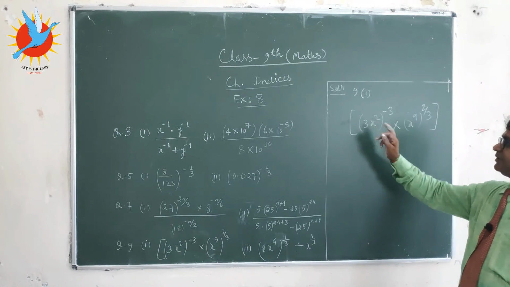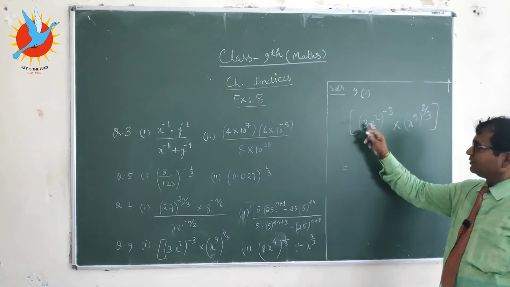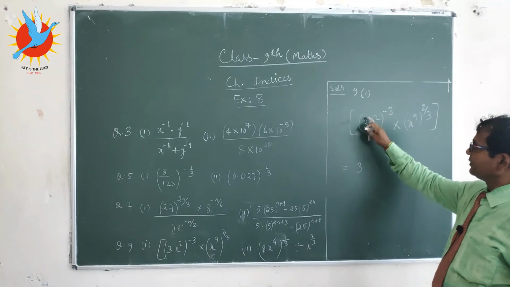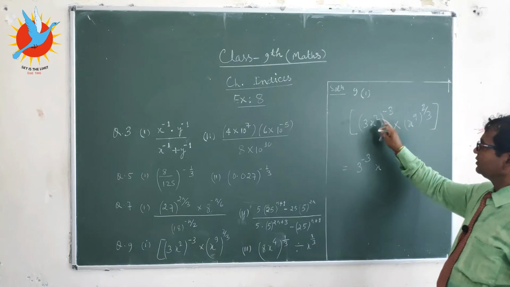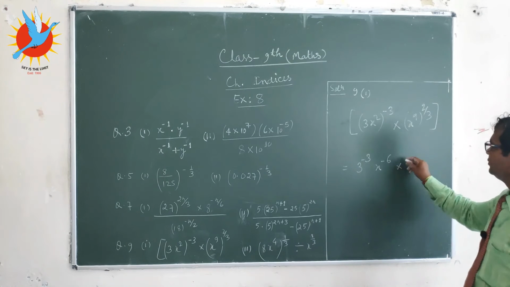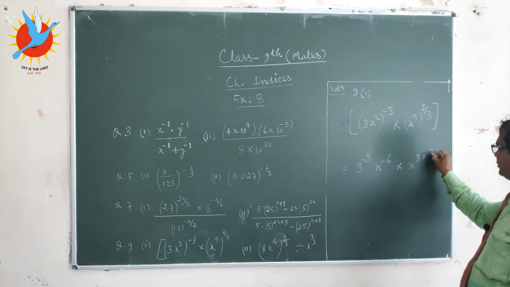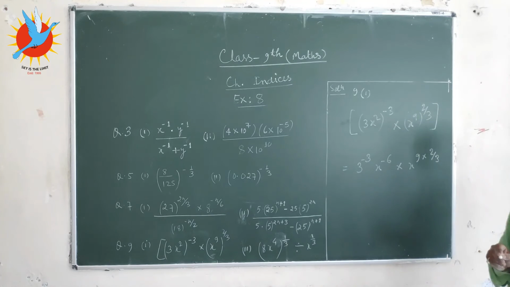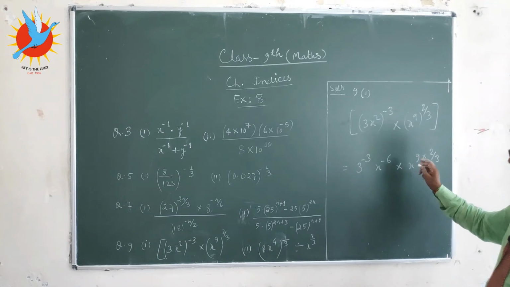Now it is a very simple question. This can be written as 3 to the power minus 3 and x to the power 2 threes are 6, minus 6, into x to the power 9 to the power 2 by 3. 3 threes are 9, this will be cancelled out.